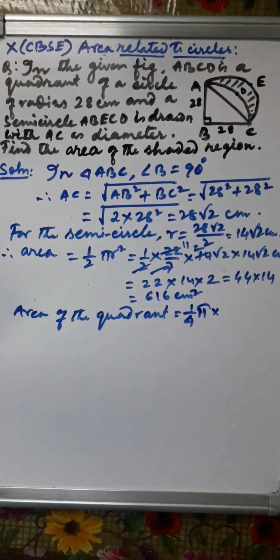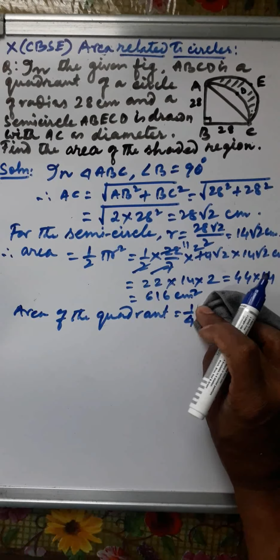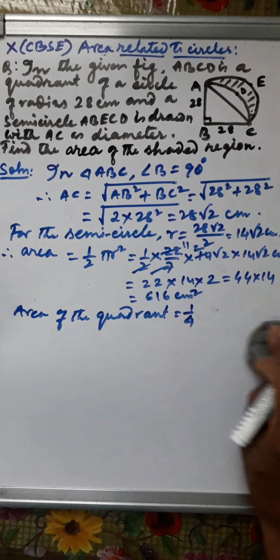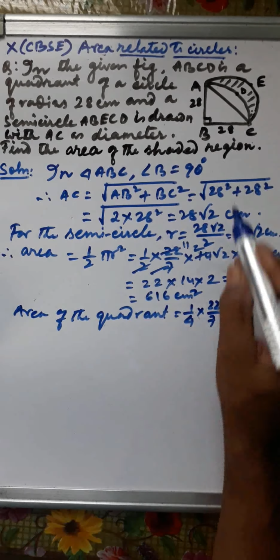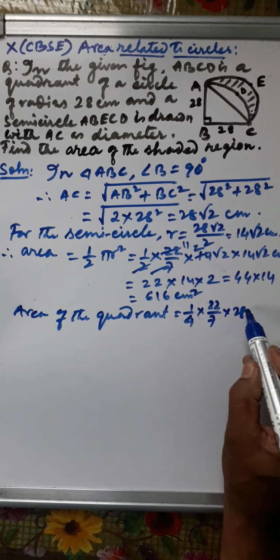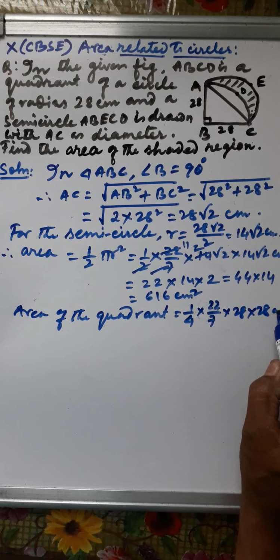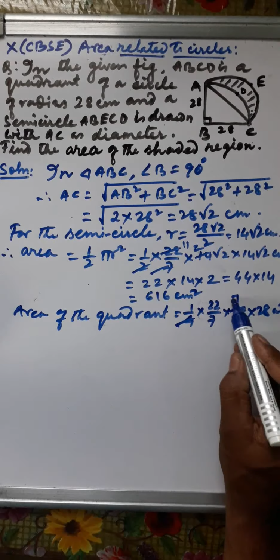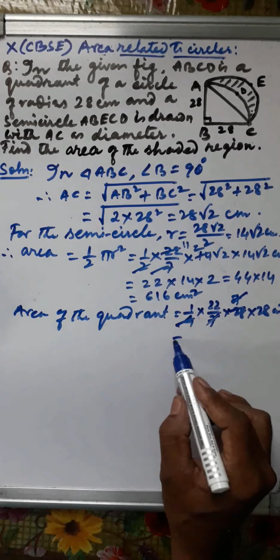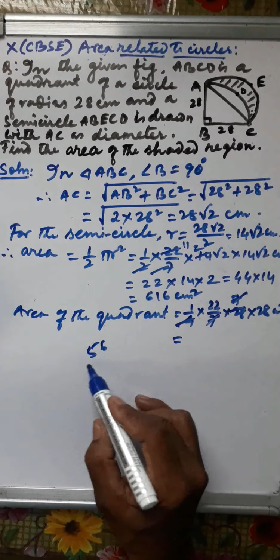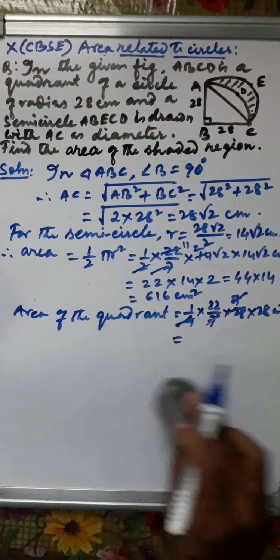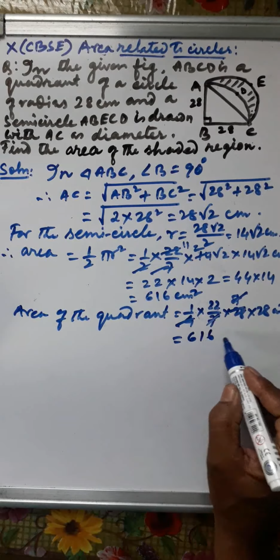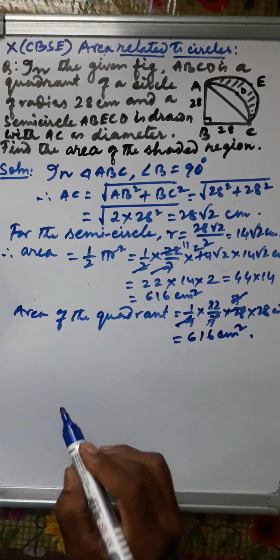Directly I am using the values, not writing the formula: 22 by 7 into 28 into 28 centimeter square. Cancel 7, so 616 centimeter square.